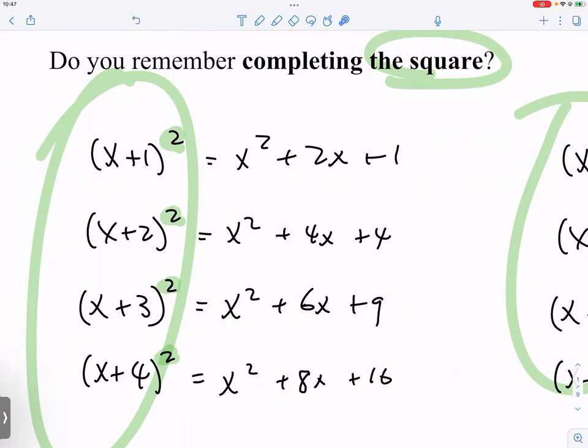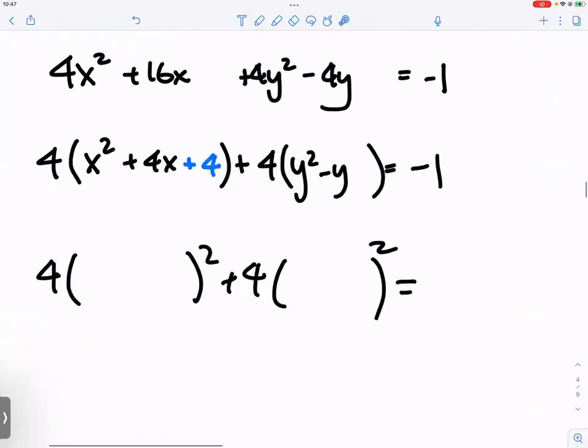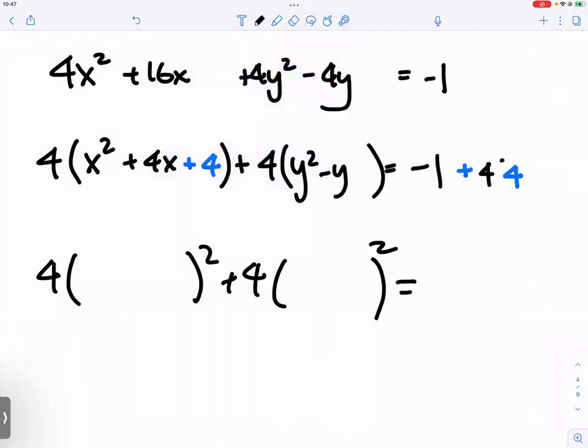4 squared, 16. Okay, so now you add 4 on the left, and then you add what on the right? Now, this is the level 2 content.